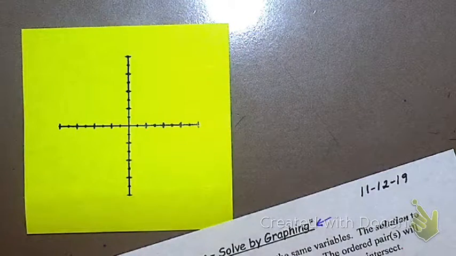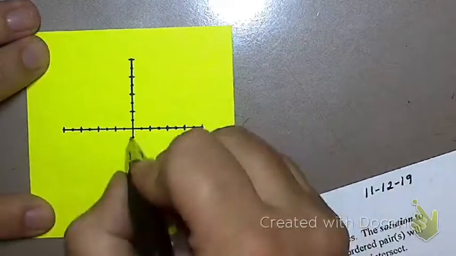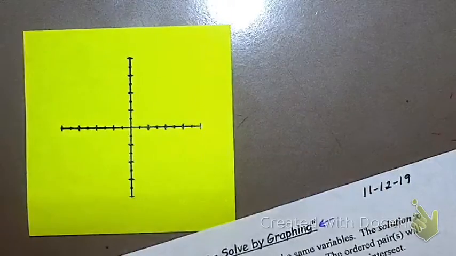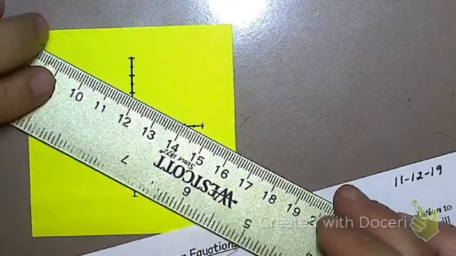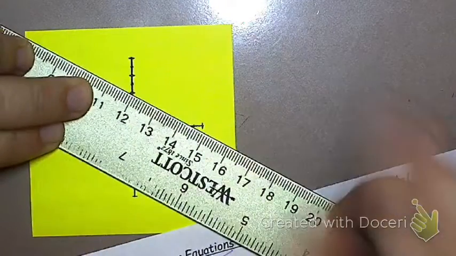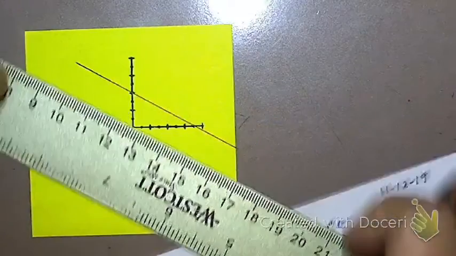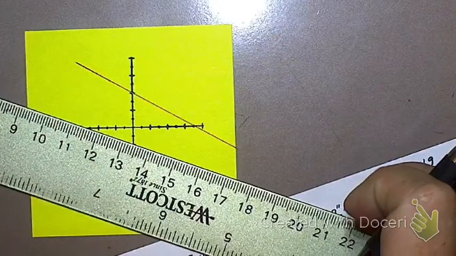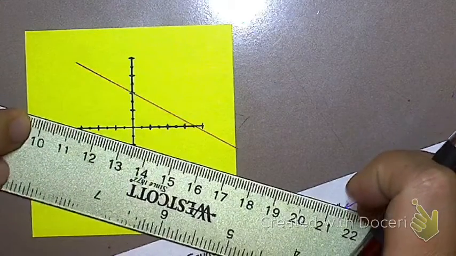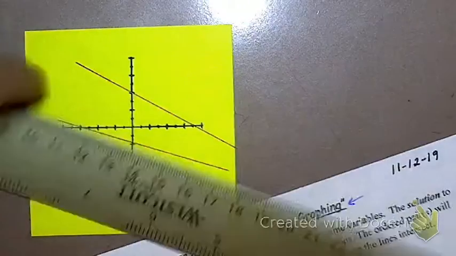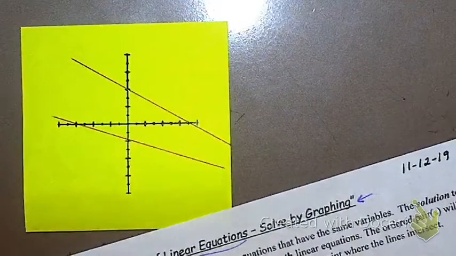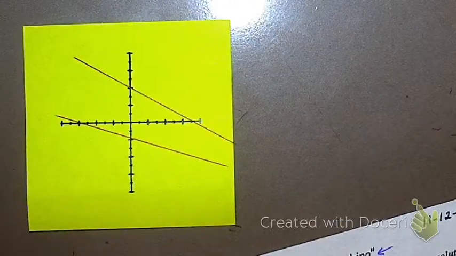So let's say that I graphed a system, and one of them went like this, and the other one went like this. Are those parallel? No.